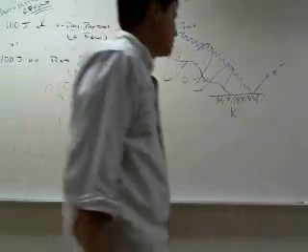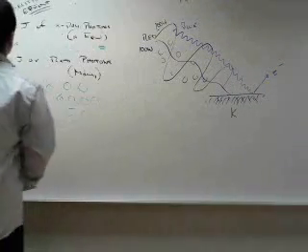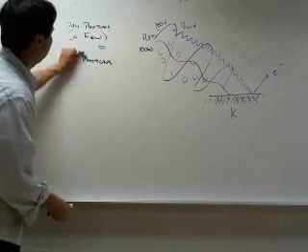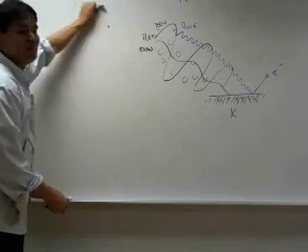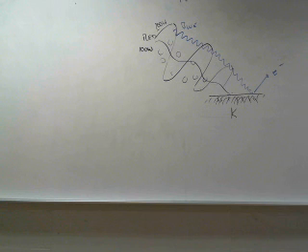So when we're doing this, we have to be careful in our calculations. Do you know how much energy it costs to break a bond? How much energy it costs to break a carbon-carbon bond? Like in DNA?